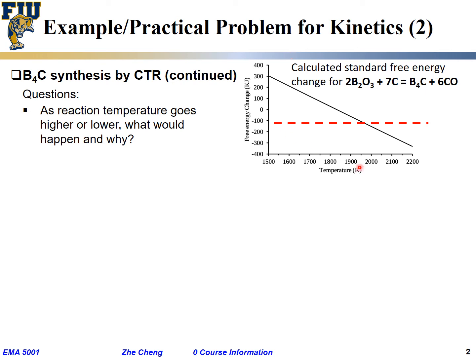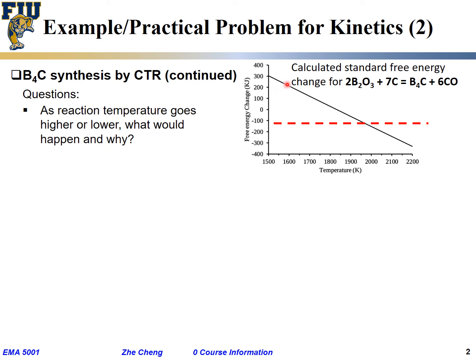As the temperature goes higher and higher, the Gibbs free energy change for this CTR reaction is more and more negative, which means the reaction has greater and greater tendency to proceed from left to right. Make sense? On the other hand, at lower and lower temperature, the Gibbs free energy change is positive as we write it from left to right.